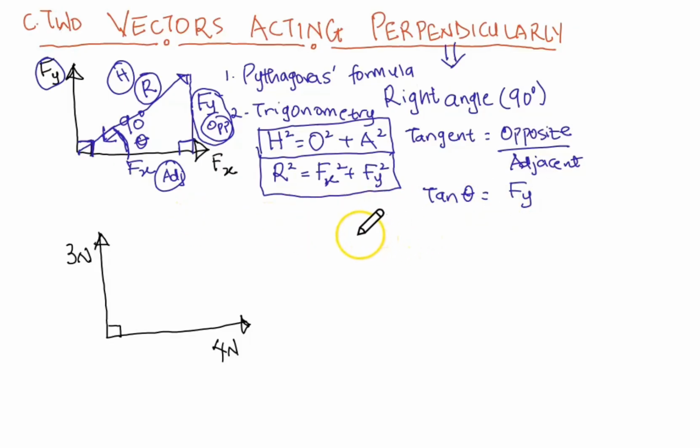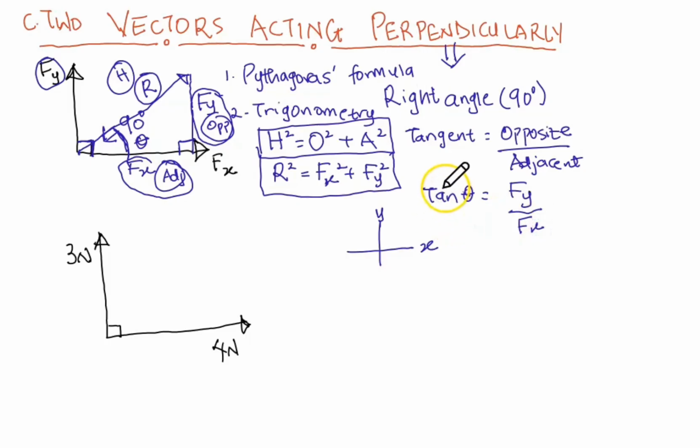Remember, in a given graph, the vertical side is the y and the horizontal side is the x. So we are simply saying the force of the vector acting along the y over the adjacent, which is Fx.